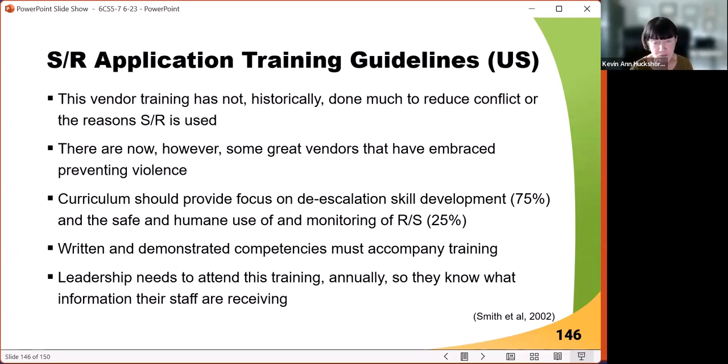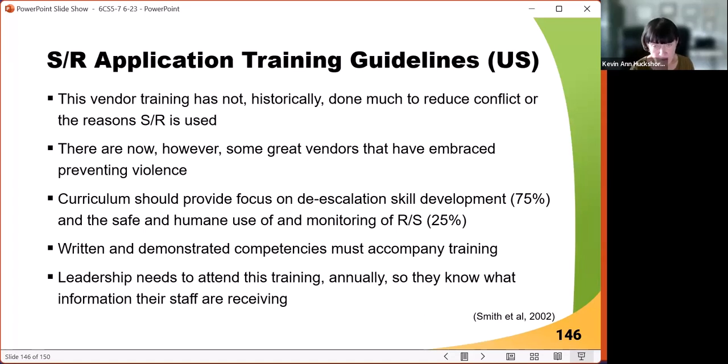And you've all heard most of the names: MANT, NAPI, Therapeutic Crisis Intervention or TCI out of Cornell, PART, CPI, PCI, and there are over 40 of them. They're mandated for use by Joint Commission and CMS to make sure that staff have some guidance and skill if you actually have to put hands on to try and keep everybody safe.